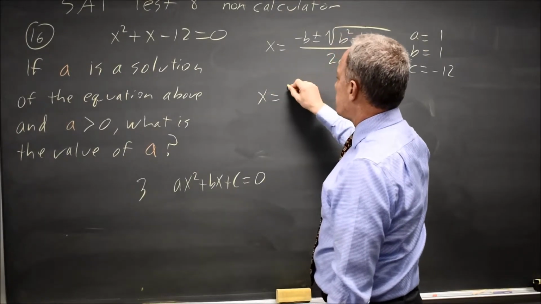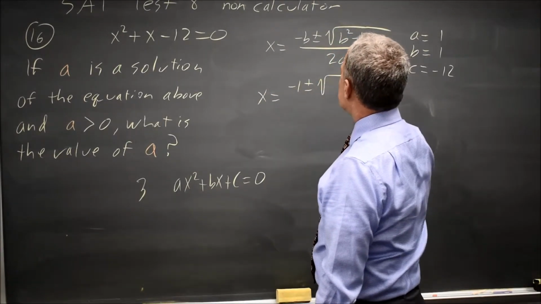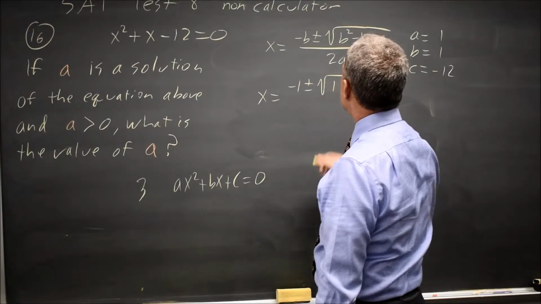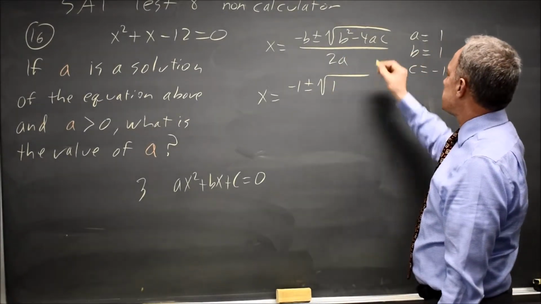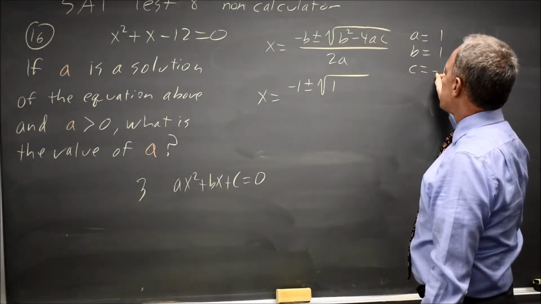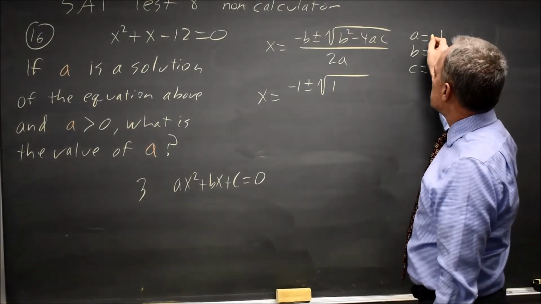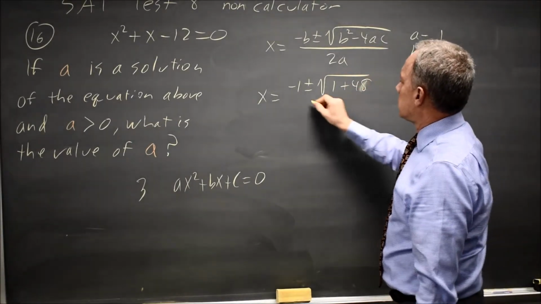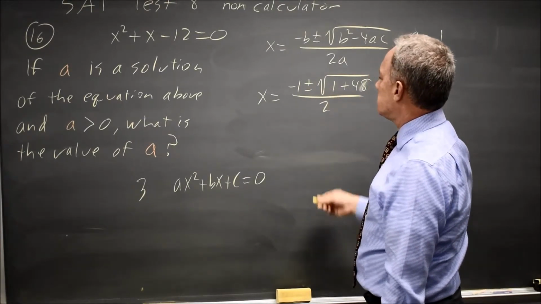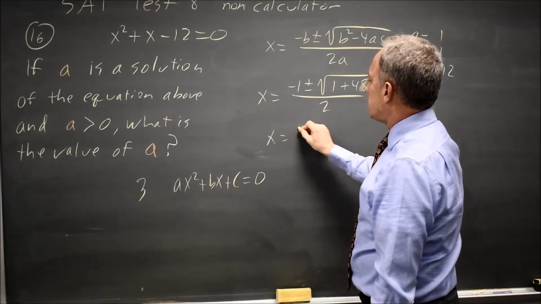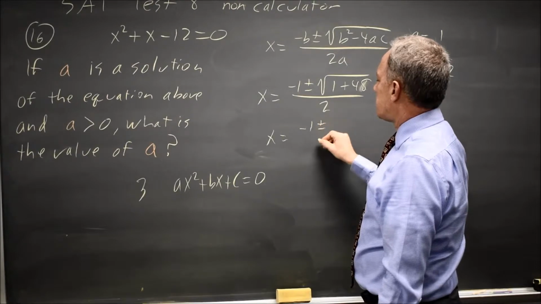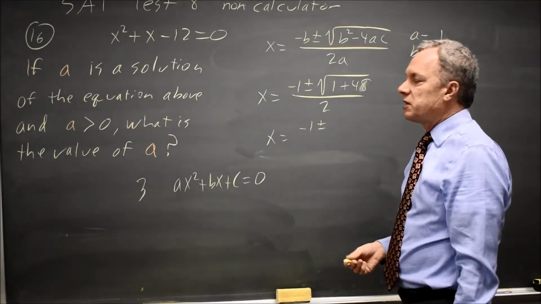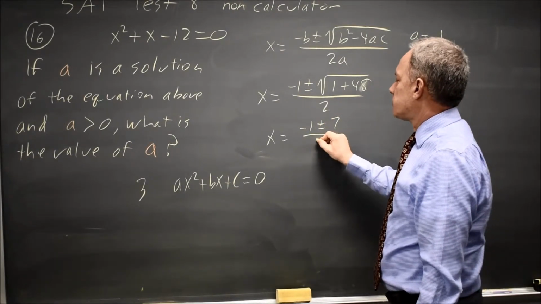X equals negative b, which is negative 1, plus or minus root of b squared, 1 squared is 1, minus 4ac, negative 4 times negative 12 is positive 48, times 1 is still 48, over 2a, which is 2. So x equals negative 1 plus or minus square root of 49, which is 7, over 2.